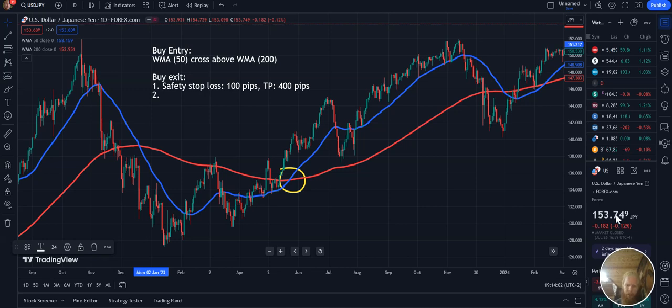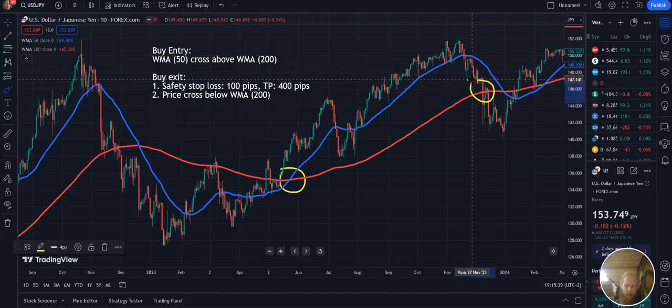It is not when the cross happens here again, but when the price is crossing below the 200 WMA, and it is a very simple rule. It happened just here, and yes, it is kind of a lagging method, but you have a safety stop loss and a take profit as well.